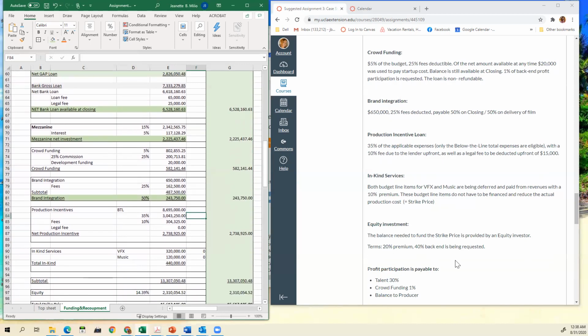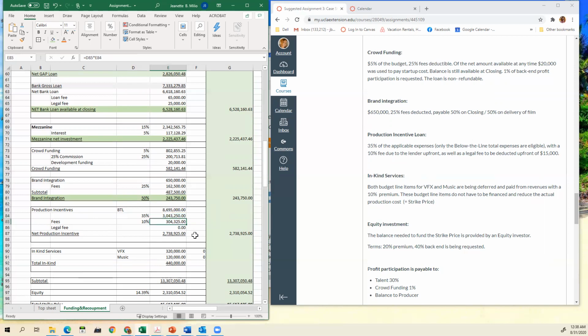Our production incentives are 35% of the applicable expenses, which in our case is only the below the line. And then we pay a 10% fee to the lender upfront as well as a legal fee. So let's look at that. The below the line that we had was 8,695,000. Of that, we get 35%, which is 3,043,250.